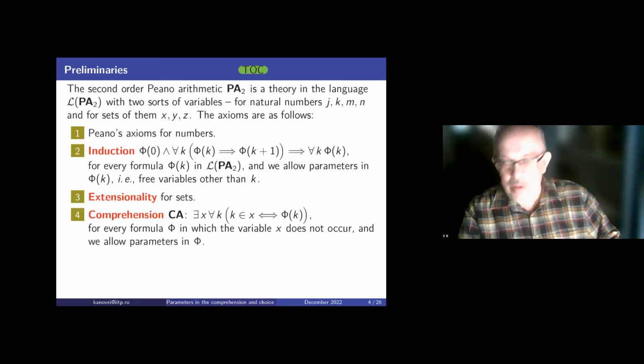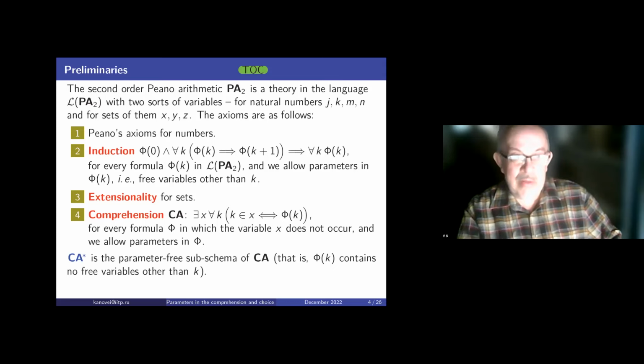And now we can see the difference between parameter forms, general form and parameter-free form. Induction will come with parameters. So it can be also interesting to investigate the role of parameters in the induction schema, but not for this talk.